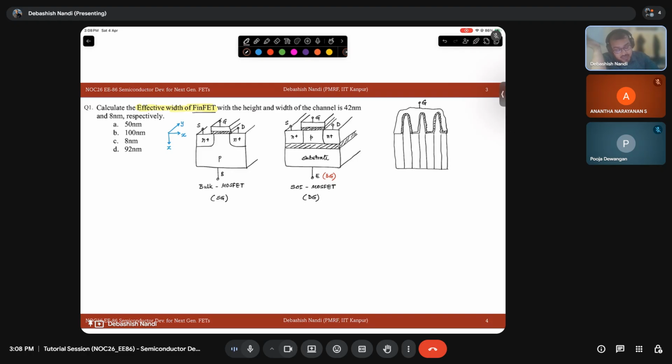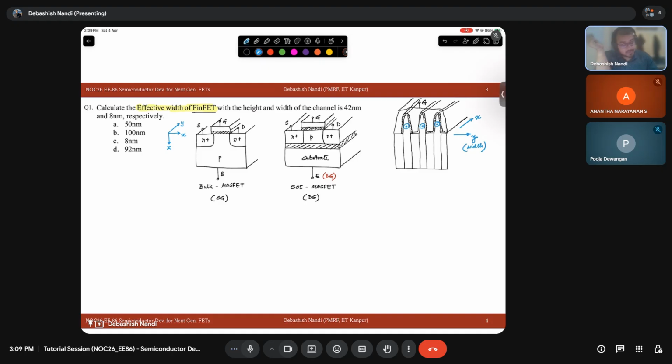And source and drain are in this direction. So if I just extend this, current is flowing into the channel. That means this is your width direction, Y, and this is your X direction.